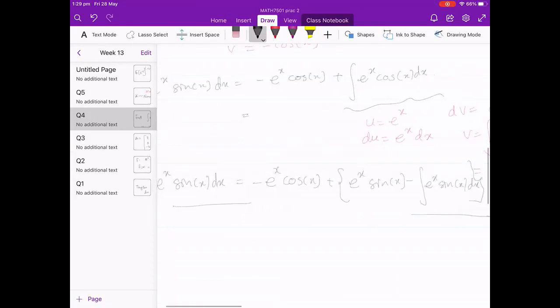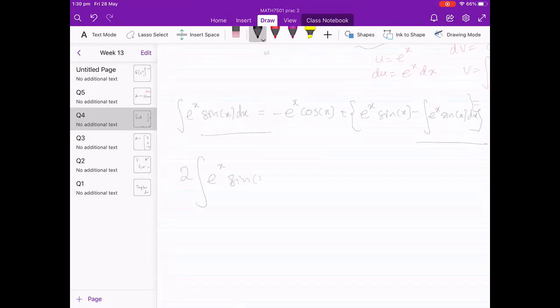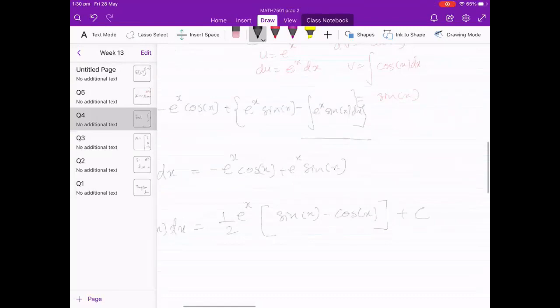So you got the same term here, which you could collect together, and that's 2 times the integral of x sin x dx, which is equal to minus x cos x plus sin x, so the integral equals half of that, plus a constant term.